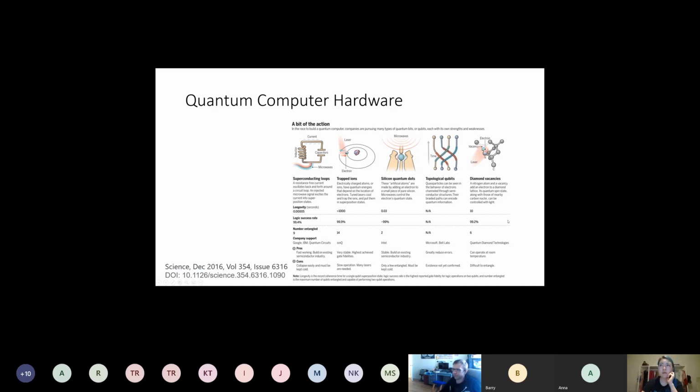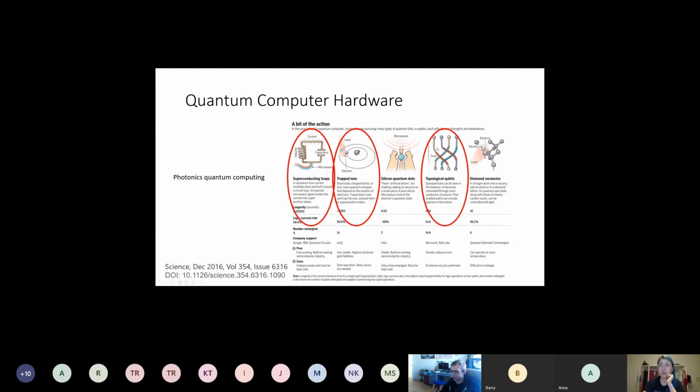I think not all of these are being used in industry at a production level. So the mostly pursued ones are the superconducting circuits used by Google and IBM, and ion traps by Honeywell and IonQ. There's topological qubits.